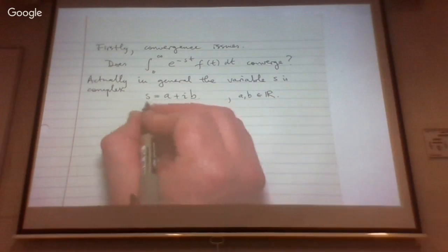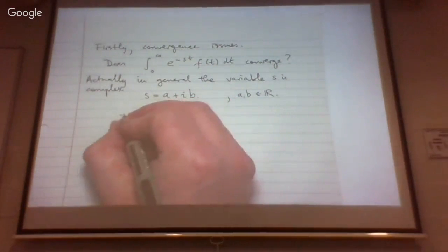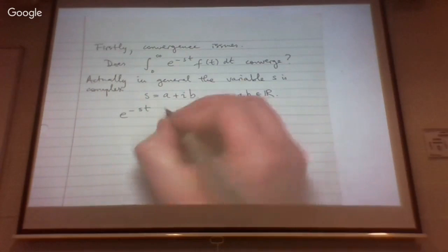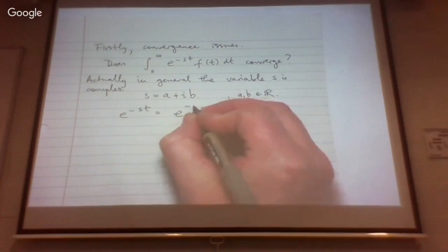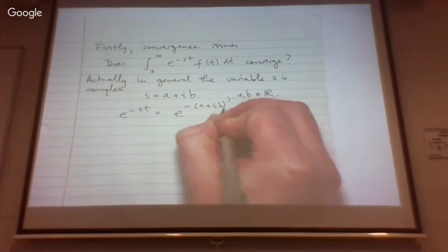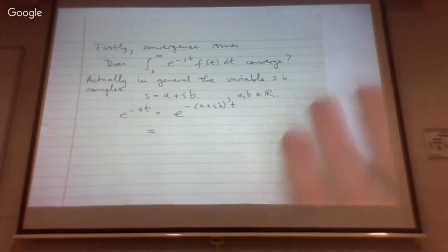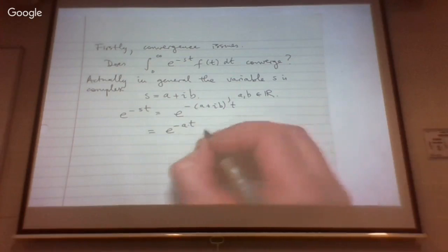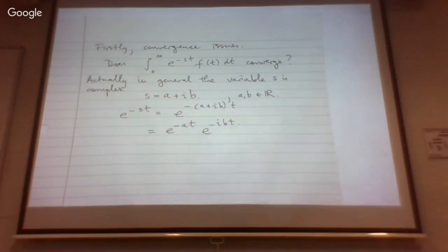Of course, if s is equal to a plus ib, then e to the minus st is going to be e to the minus (a plus ib) times t. And using properties of the exponential, this is e to the minus at times e to the minus ibt.